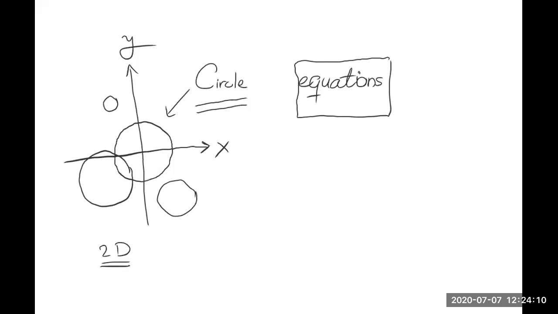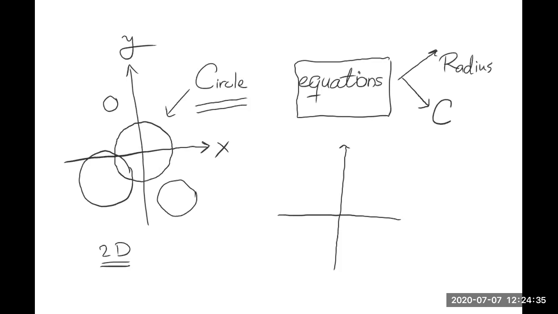How? There are two things which characterize the circle for us. So if you have a circle, there are two important properties. Can anyone guess what those properties are, which tell us everything about the circle? Yeah, one of them is the radius, and that's the important one actually.